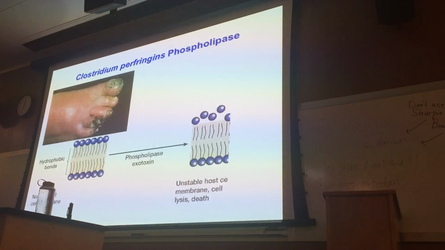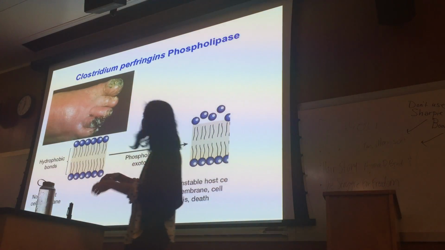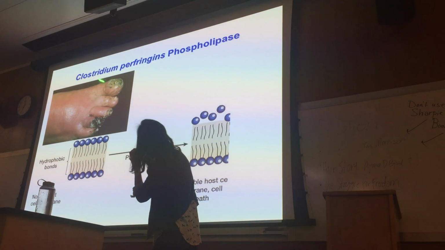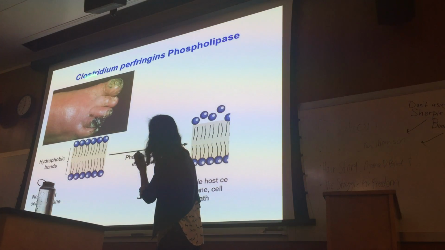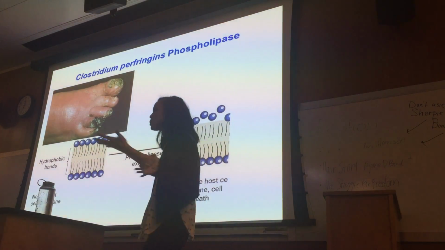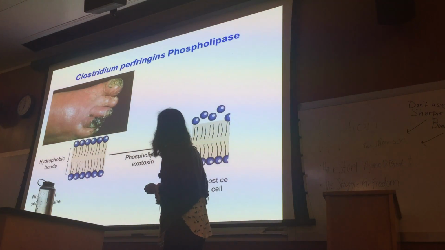For the gas gangrene, we said that's basically massive tissue death, and that's all due to bacterial infection from Clostridium, which is hard to avoid because the endospores are just everywhere.